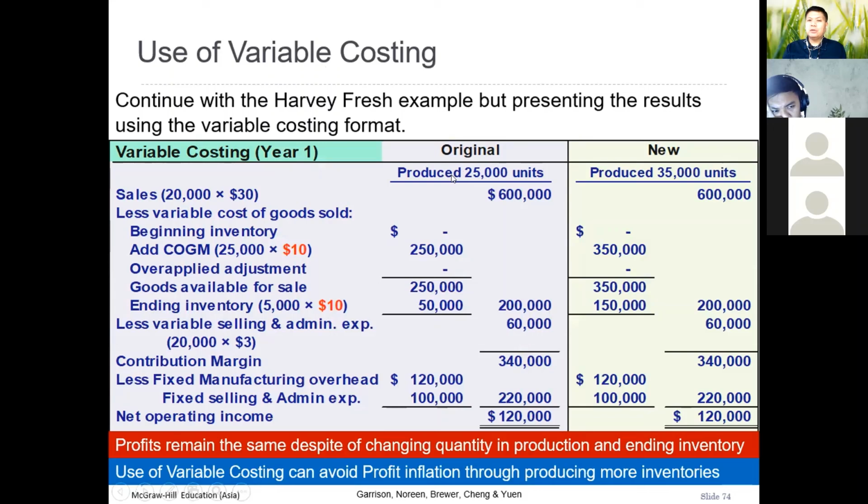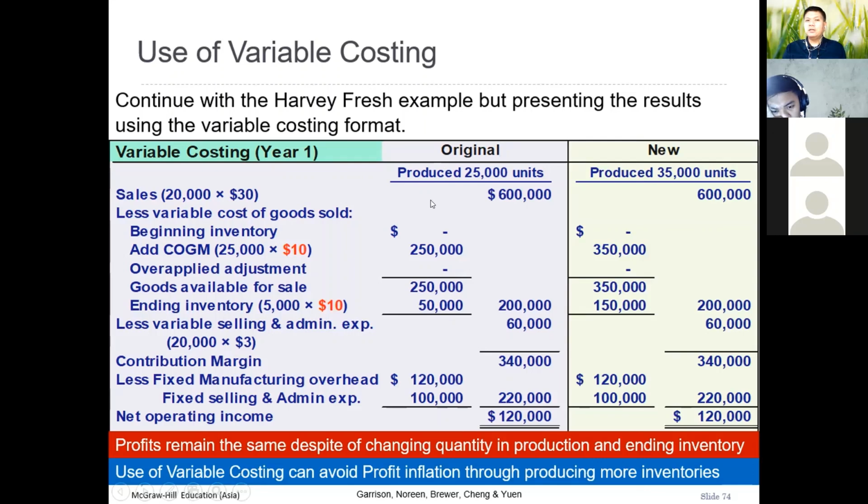So sinasabi dito, whether you produce 25,000 or 35,000, kasi yung fixed manufacturing overhead, pareho lang ang treatment. Ito, 120,000 tsaka 120,000. Considered as period cost kasi siya. Walang natira sa inventory. Lahat kinuha for the period. Lahat in-expense for the period.